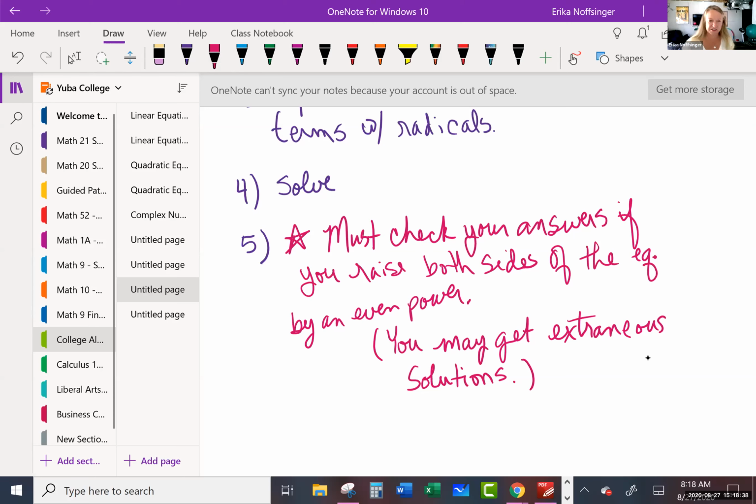So again, extraneous solutions are solutions that actually really aren't solutions. We have to exclude them from the solution set because they don't work when we plug them back in.